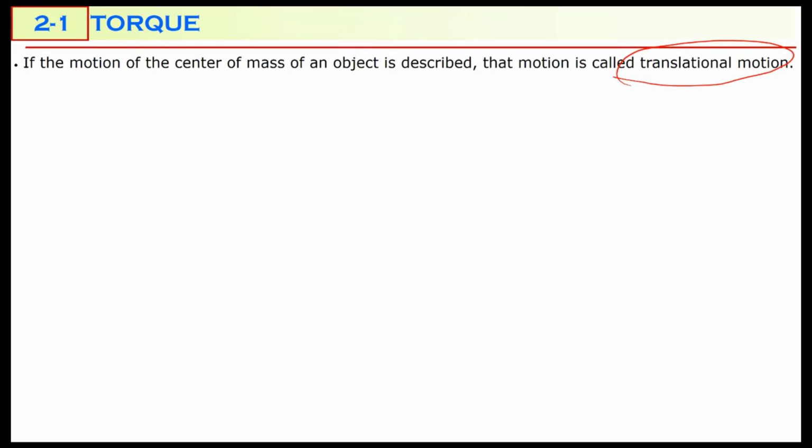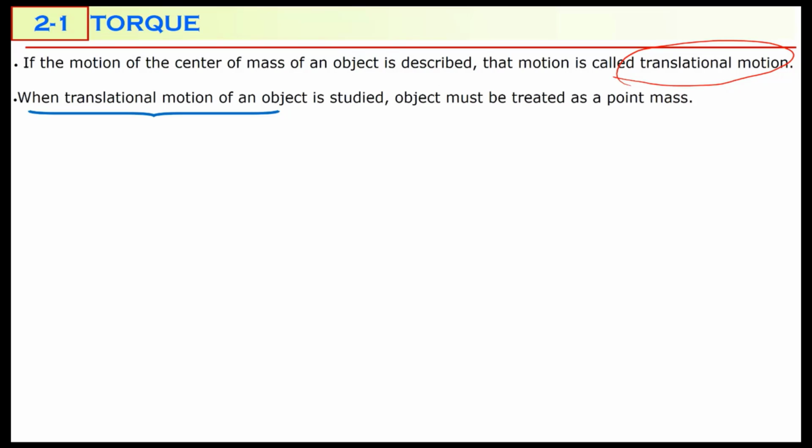And three words define the translational motion of an object. If you study the translational motion of an object, then you must treat this object as a point mass.